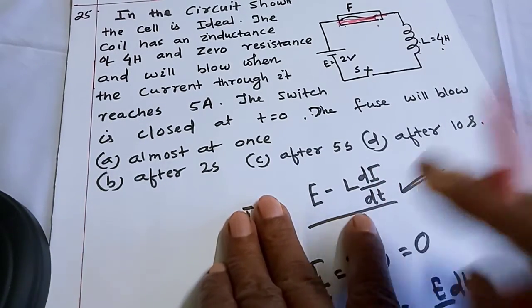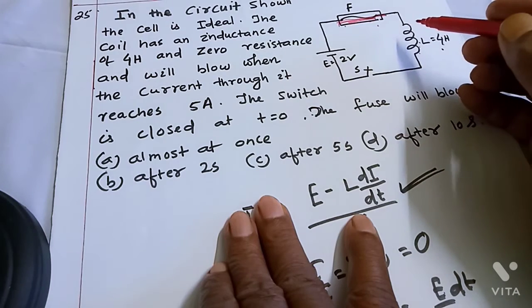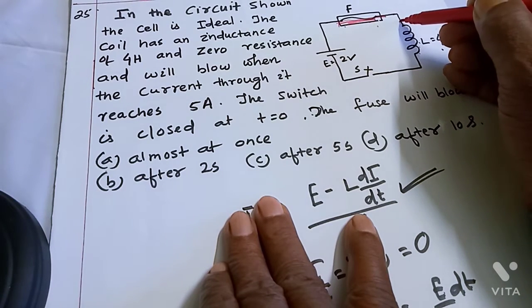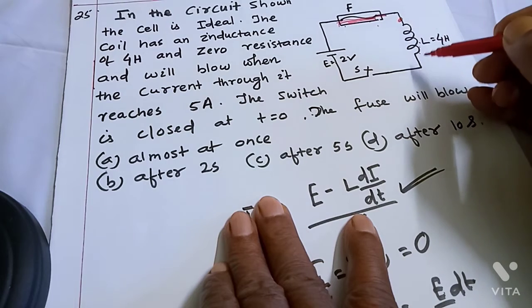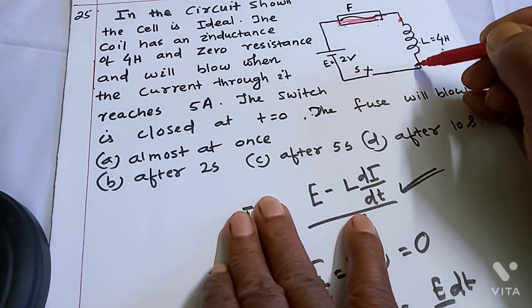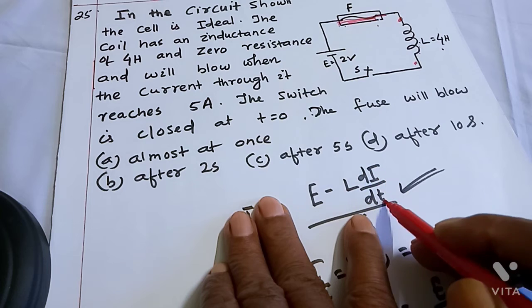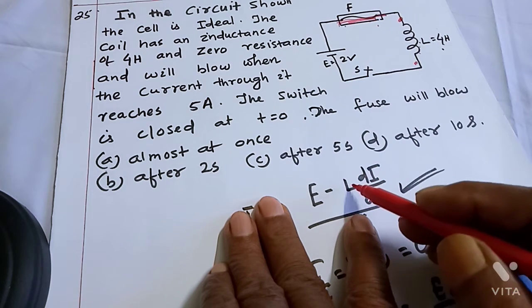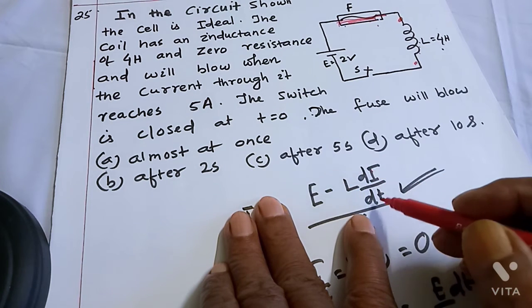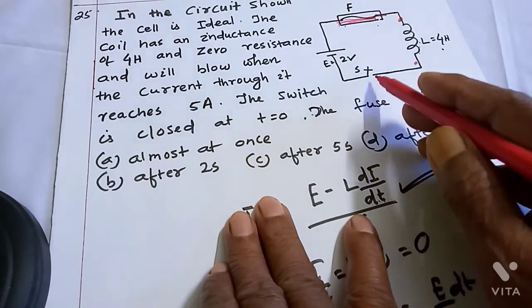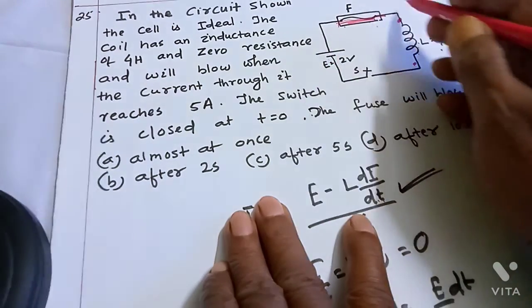At any instant, the net EMF across the inductor is E minus L di by dt. Minus L di by dt is the induced EMF and E is the applied EMF.